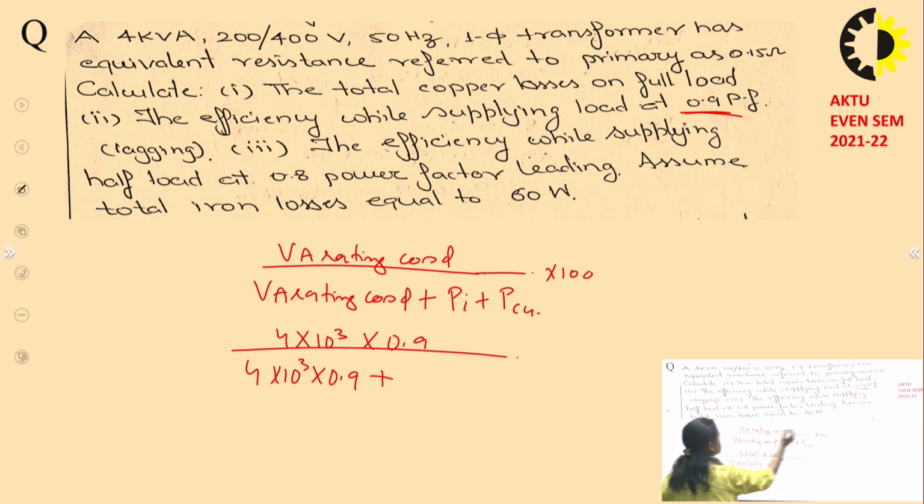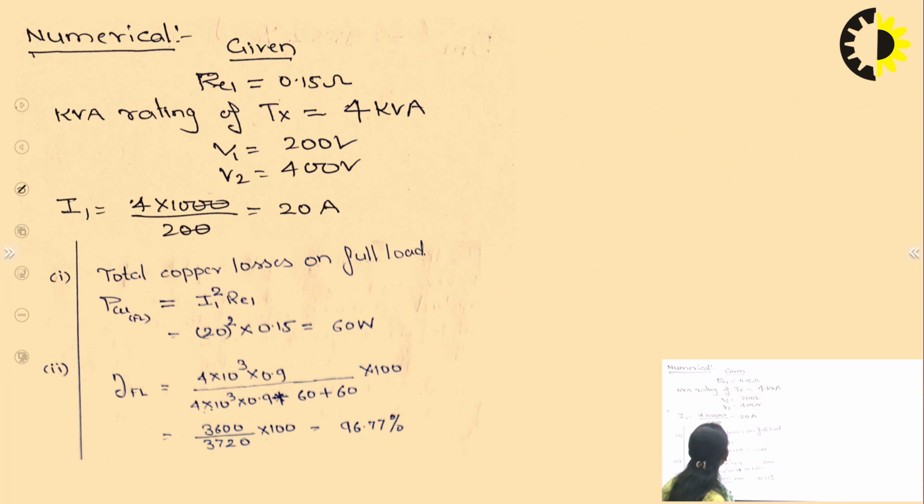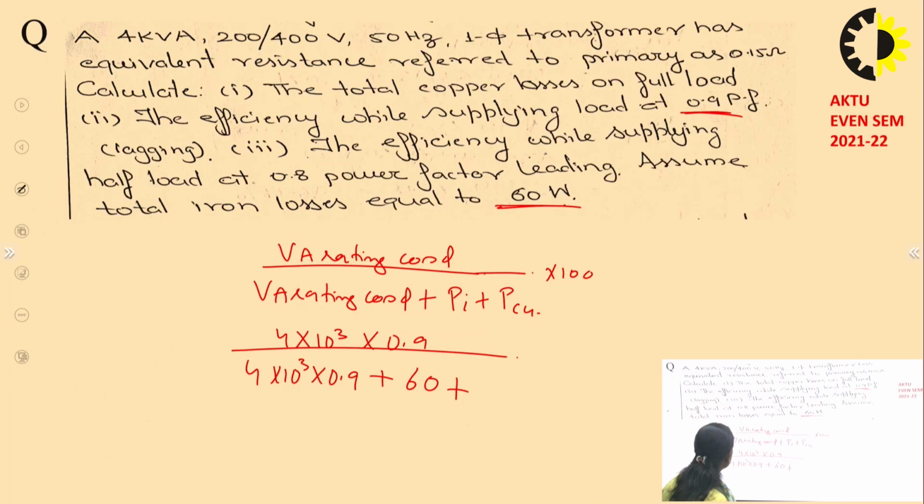What is iron loss given at the end of this question? 60 plus, and what is the copper loss? Copper loss we have already found, 60 watt. So copper loss is also coming 60, into 100. If you solve this, you will get the efficiency of transformer, right?